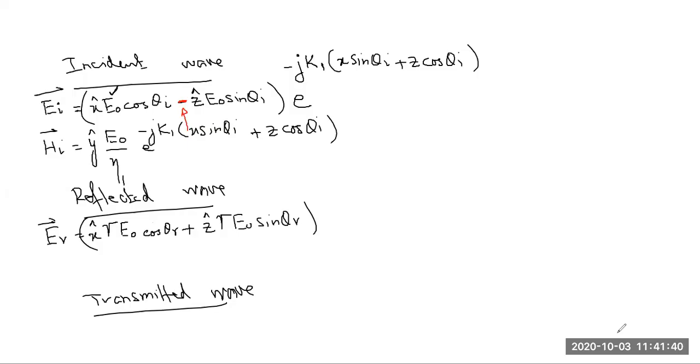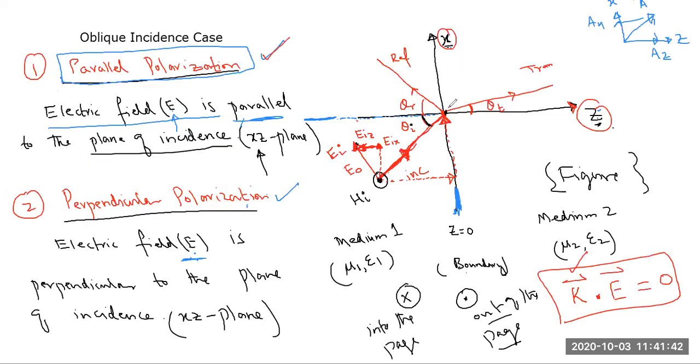In a similar manner, this is the direction of the reflected wave. The reflected wave is traveling in this direction. Now, where is the electric field associated with it? As we are solving the case of parallel polarization, the electric field associated with the reflected wave must be in the xz plane, and because it has to be perpendicular as well, we can consider that it is pointing in this direction.